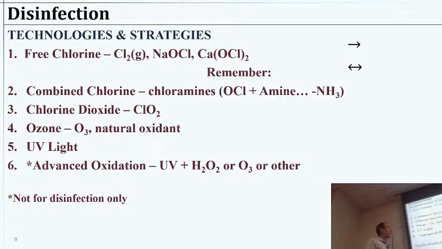Okay, so with all that in mind, let's kill some cholera. So chemical disinfectants, just going to go through a few of these, some of the basics here. Free chlorine is what we describe as Cl2.